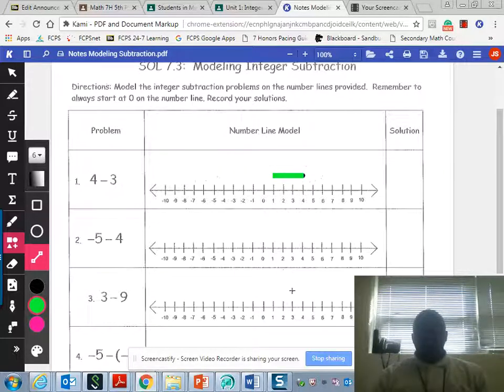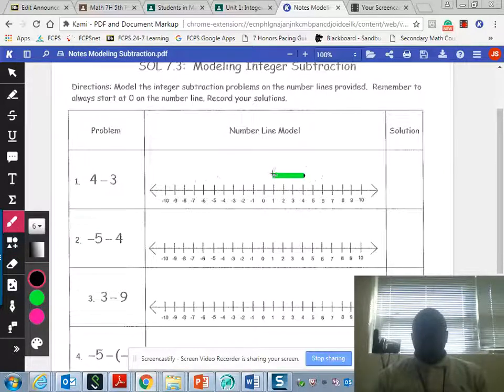This is what our line ends up looking like, and we end up right back at 1. So that's exactly what we have when we do 4 minus 3. We can represent that on a number line. Let's go ahead and do the next one.